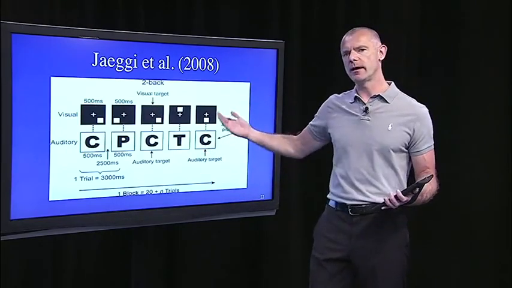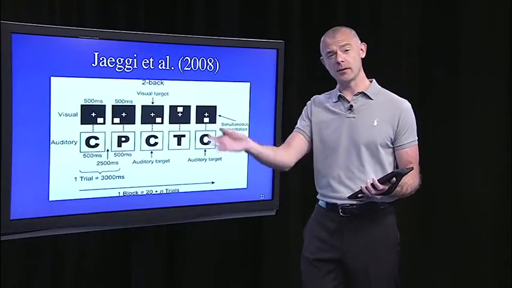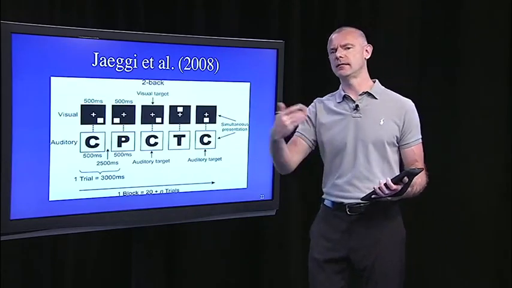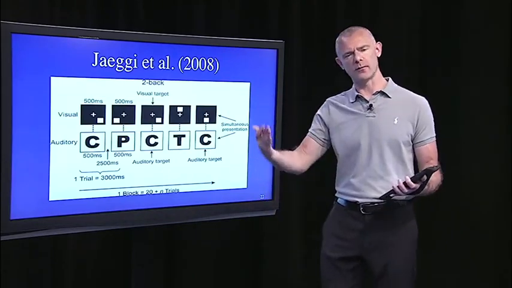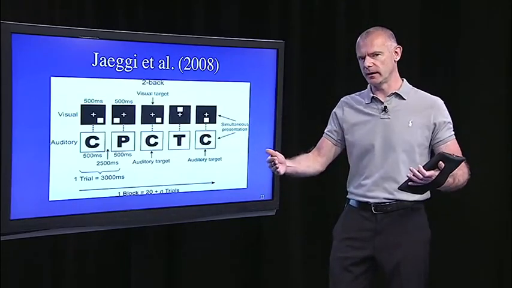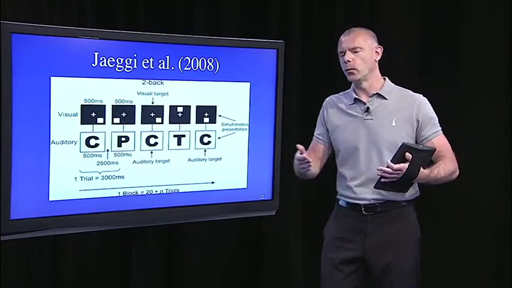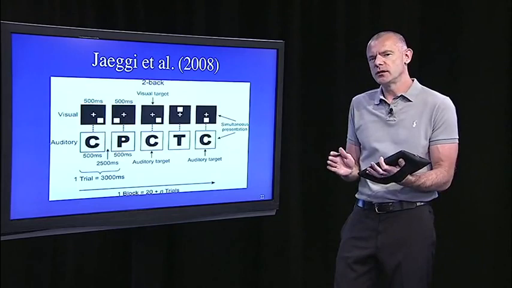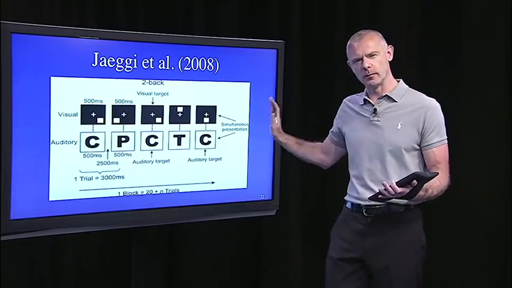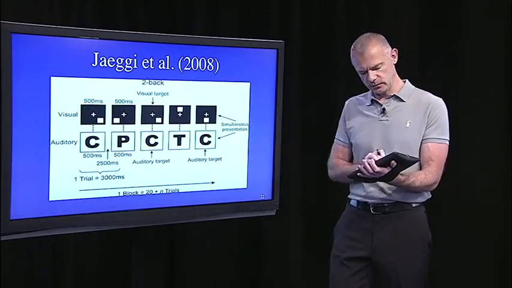If they got up to about 100% in a block of trials, then the N was incremented to 3-back. Subjects would practice that, and once they got proficient on 3-back, it would go to 4-back, and so on and so on. And that's the working memory training. So subjects would do this for half an hour a day for weeks. The question is whether this would enhance their intelligence. We know that it will enhance their performance on this task, but will it enhance their intelligence?